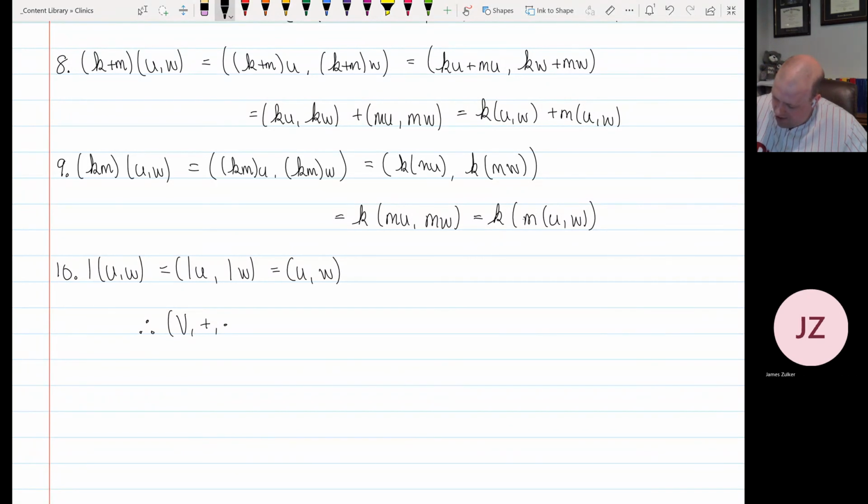The set V with the 2 defined operations, addition and scalar multiplication, forms a vector space, as desired.